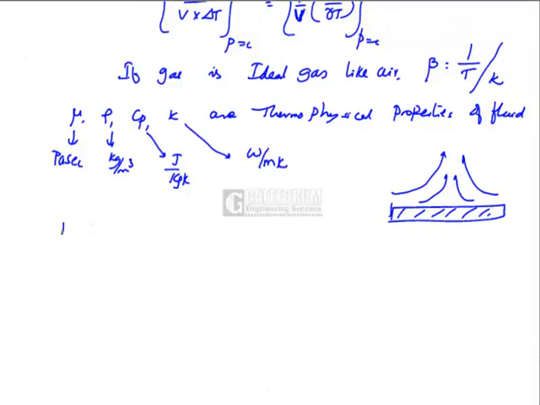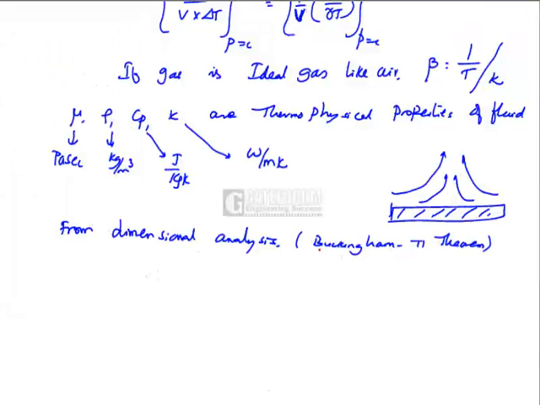Here also, from dimensional analysis, that is Buckingham pi theorem, we can say that Nusselt number is a function of Gr and Pr.